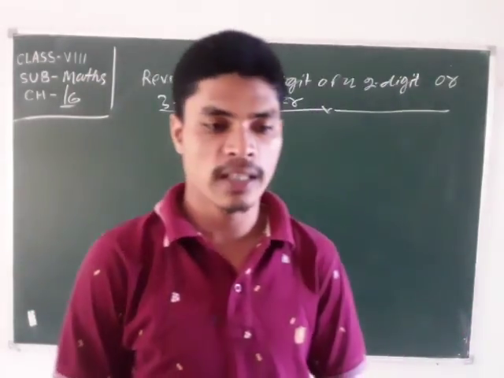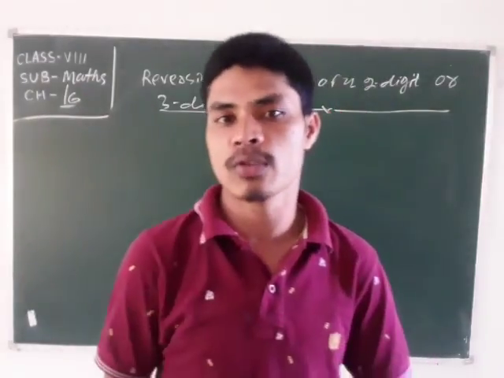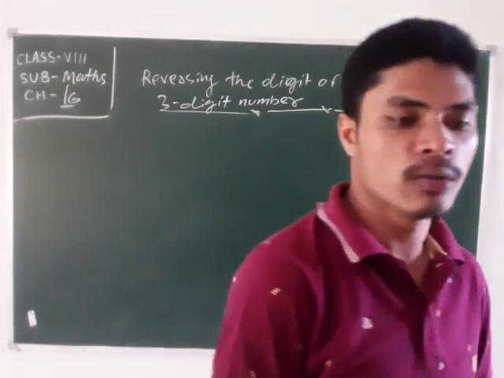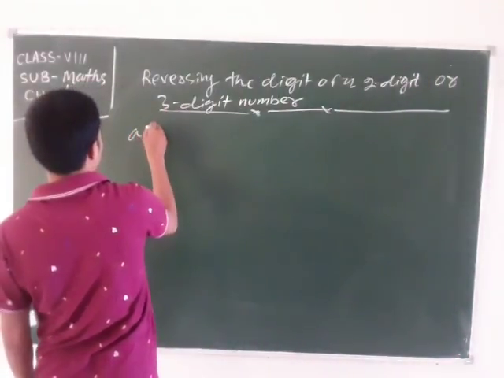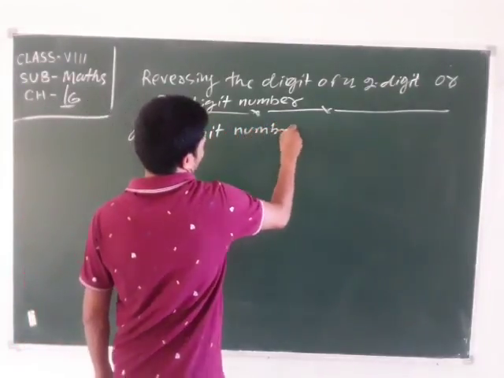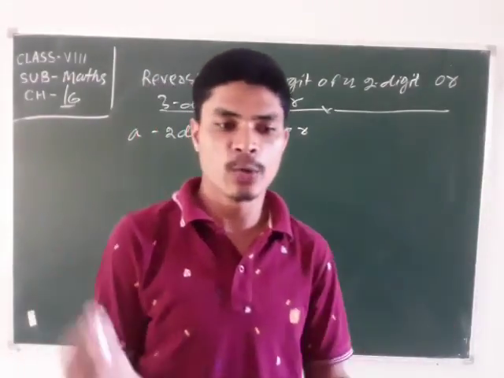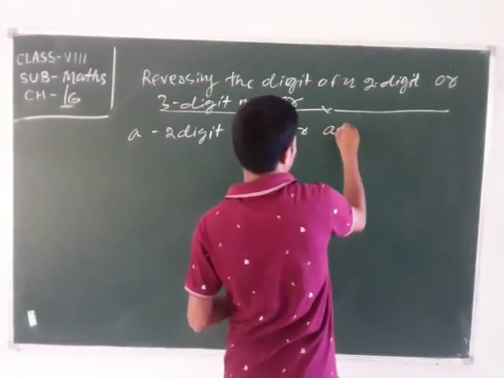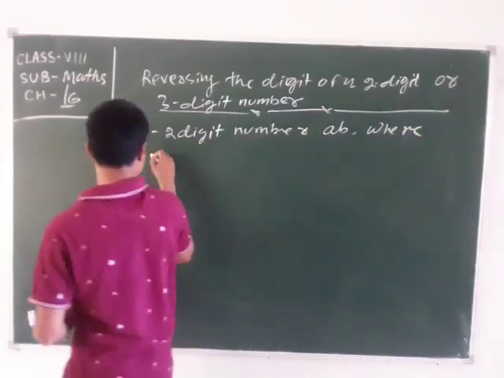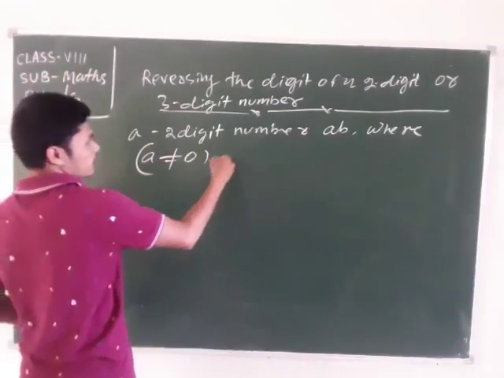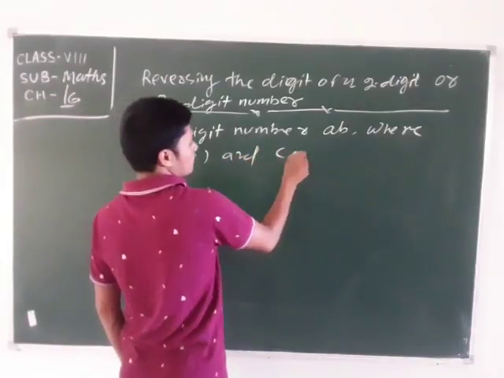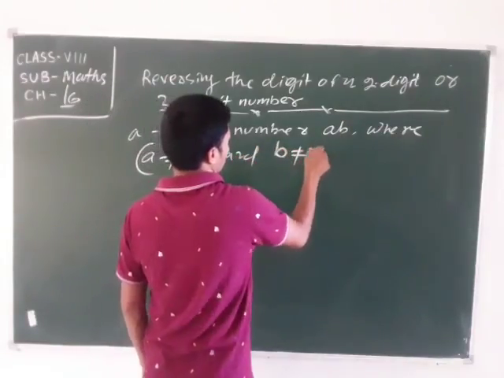Consider that here a is not equal to 0 and b is also not equal to 0. On reversing digits, if you take a 2-digit number, like ab, where a is not equal to 0, that means the value is not 0, and b is also not equal to 0.